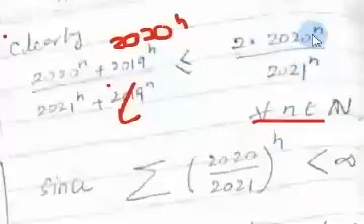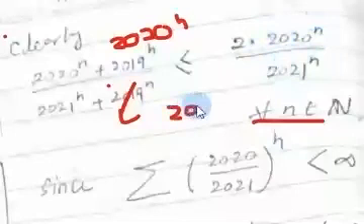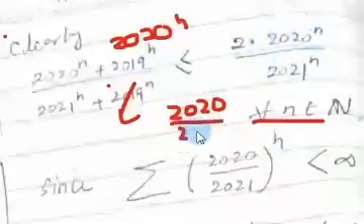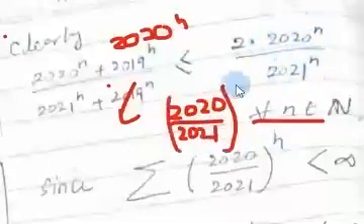You can rearrange this: 2020 divided by 2021, everything to the power n. So what can you say about this number inside this bracket? This is a number which is less than 1.